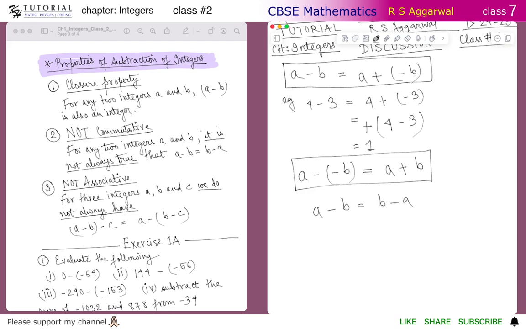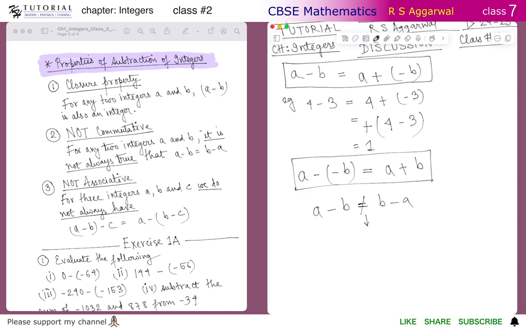But in reality, this is not always true. So we say that the subtraction operation is not commutative. The subtraction of integers is not commutative.